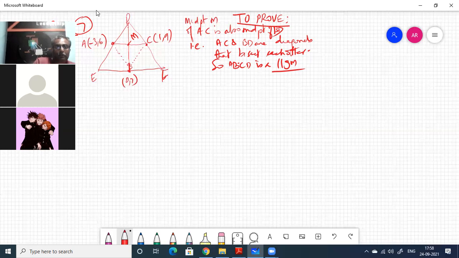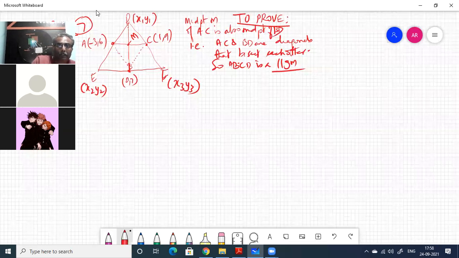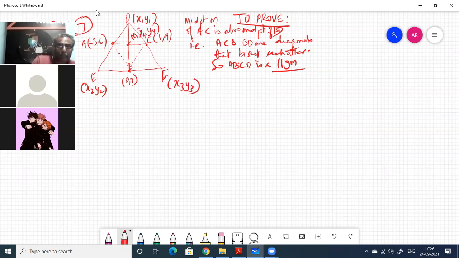Now D we don't know, x1, y1. E we don't know, x2, y2. F we don't know, x3, y3. M we don't know, x4, y4. Let us find x1, x2, x3 and y1, y2, y3. This is like problem number 4.